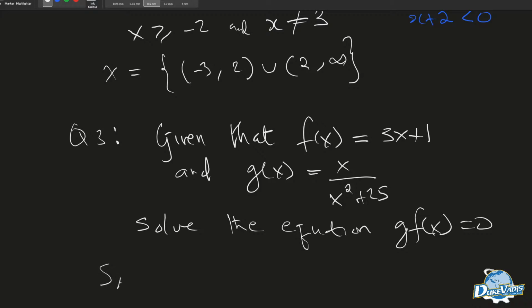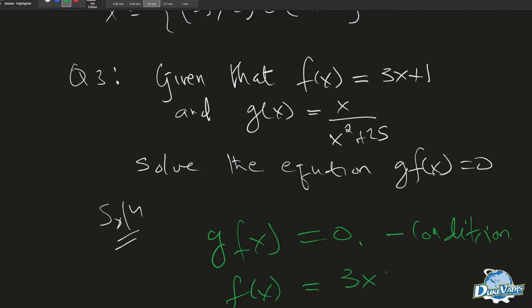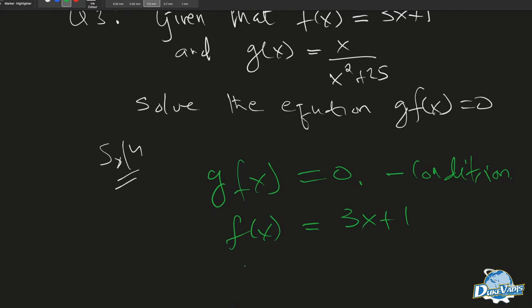So our solution to such a question, let's tackle this question. We have been given the condition that g f of x should be equal to 0. But we know the specific functions. Our f of x is given as 3x plus 1, and g of x is given as x over x squared plus 5.